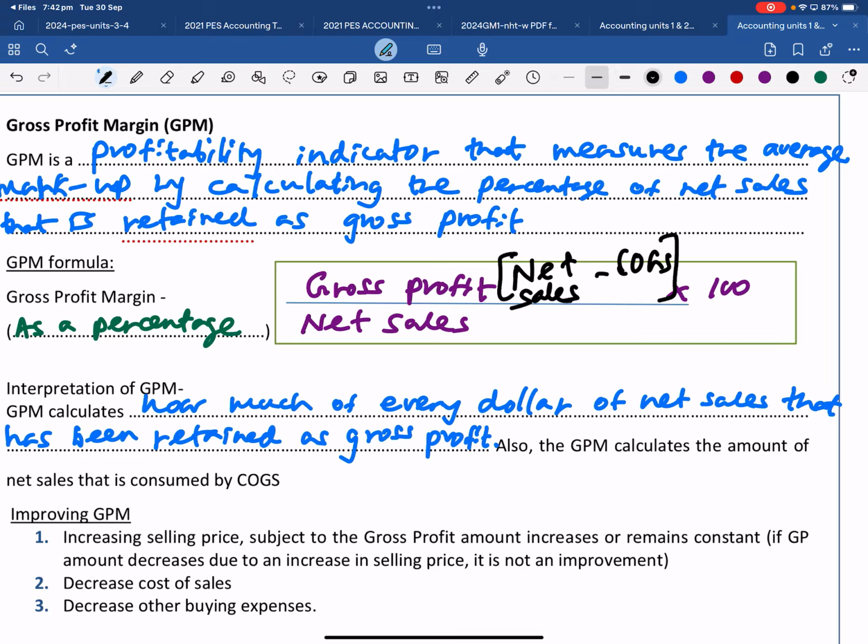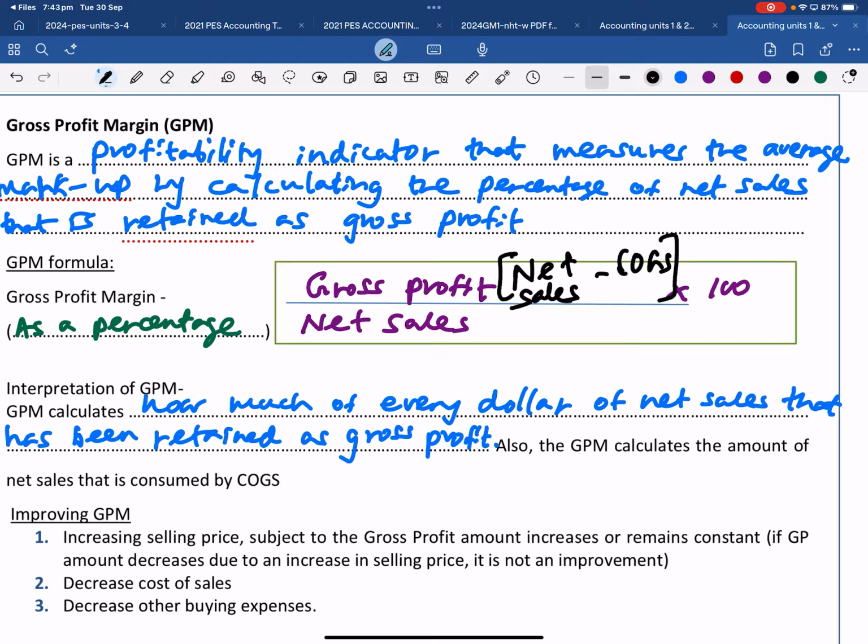But if there is any product that is price conscious by the customers, then the owners of that particular product have to be careful. Because increasing the selling price, guys, can lead to a lower sales volume.